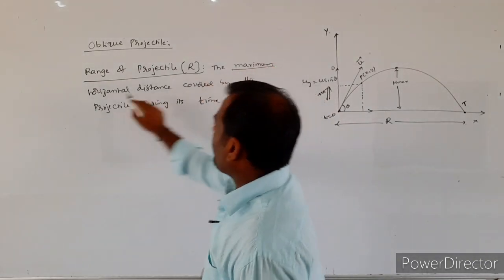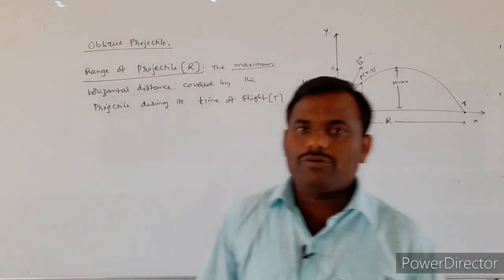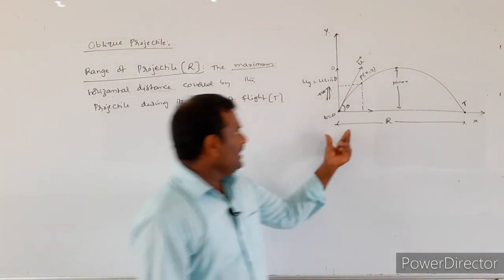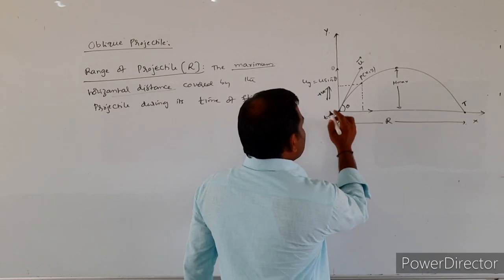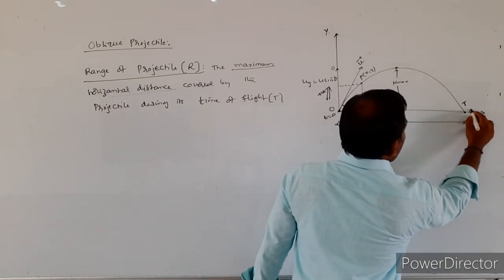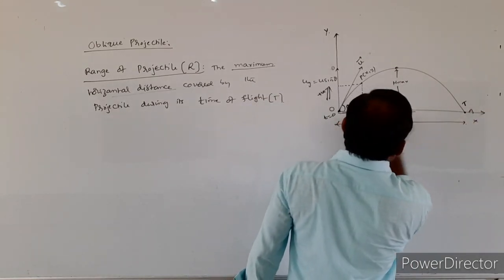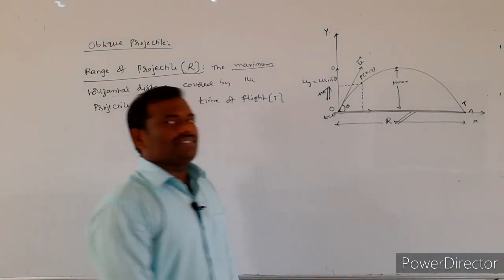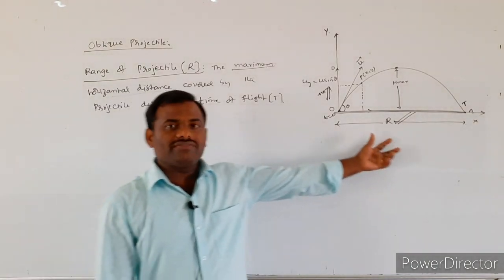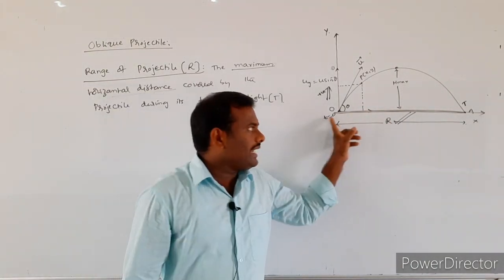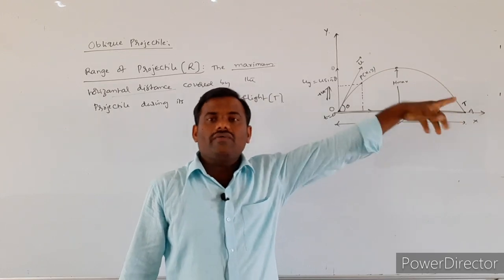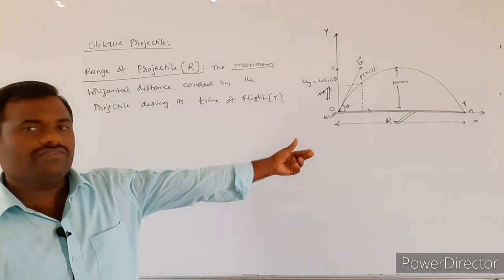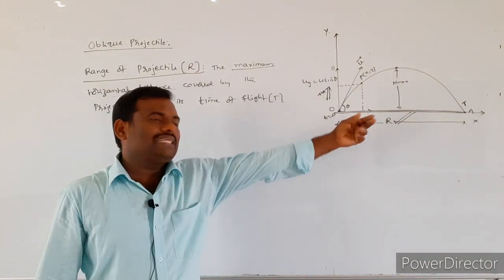If you look at the diagram, from this point O to the point A, whatever horizontal distance there is, that is the range of the projectile.